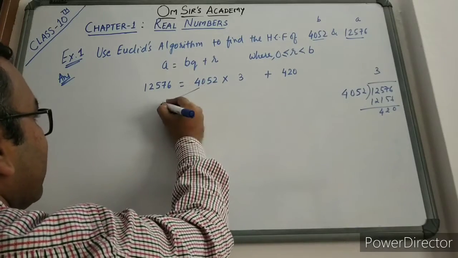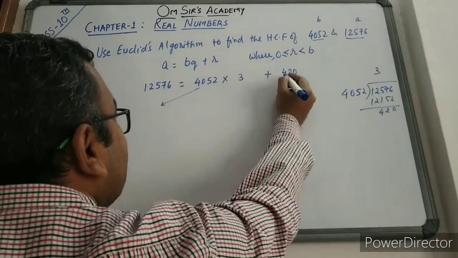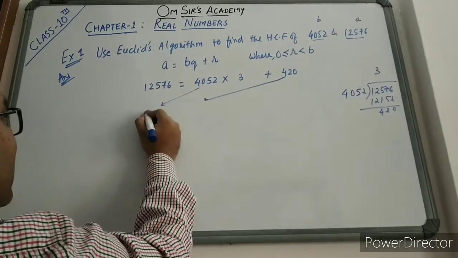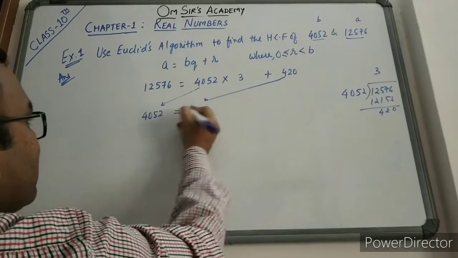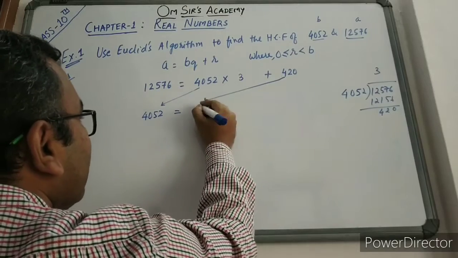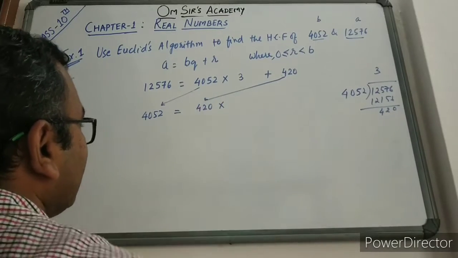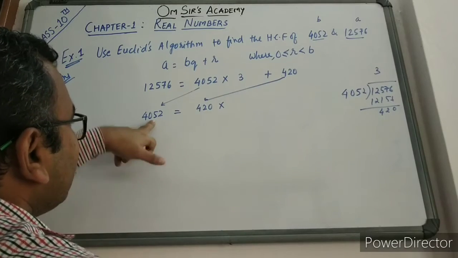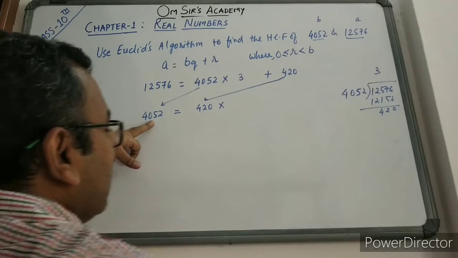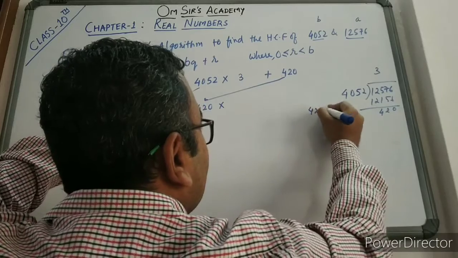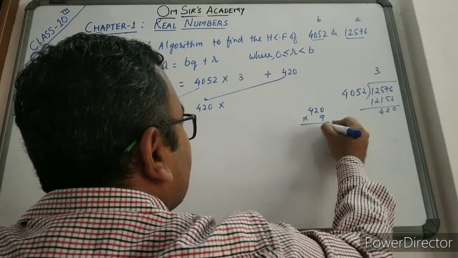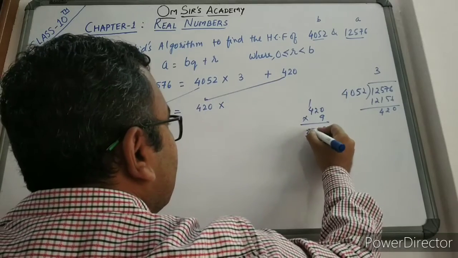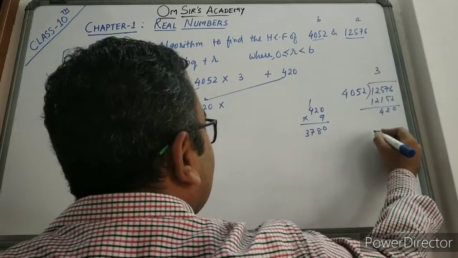Now in the next step, this B and this R: this B will become A, so 4052 equals, and this R will come over here, so it will be 420 into something. Now see friends, 420 into 10 is 4200, which will be bigger than this. Is it clear? So let us try 420 into 9. It is 3780.